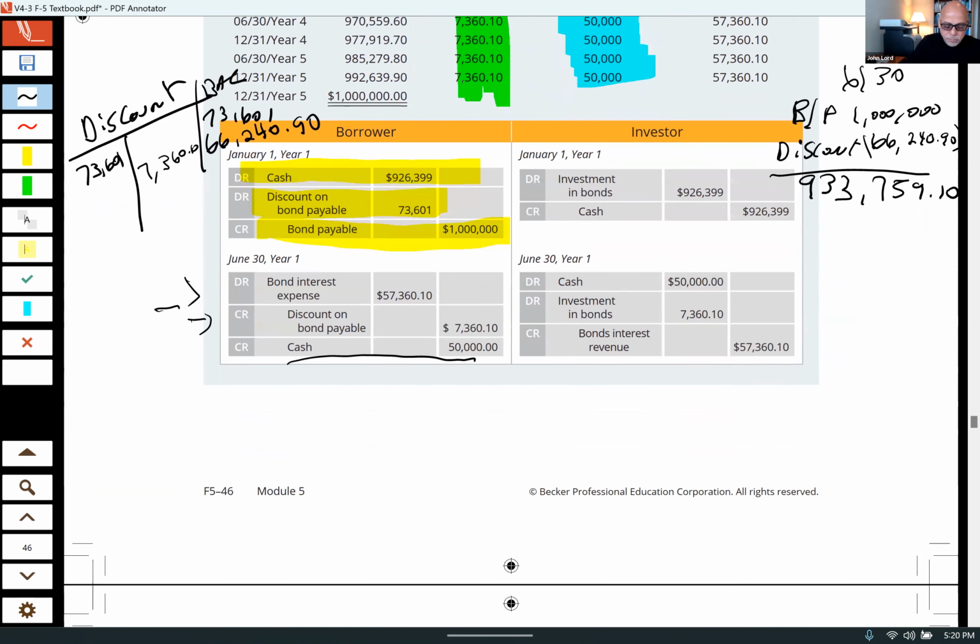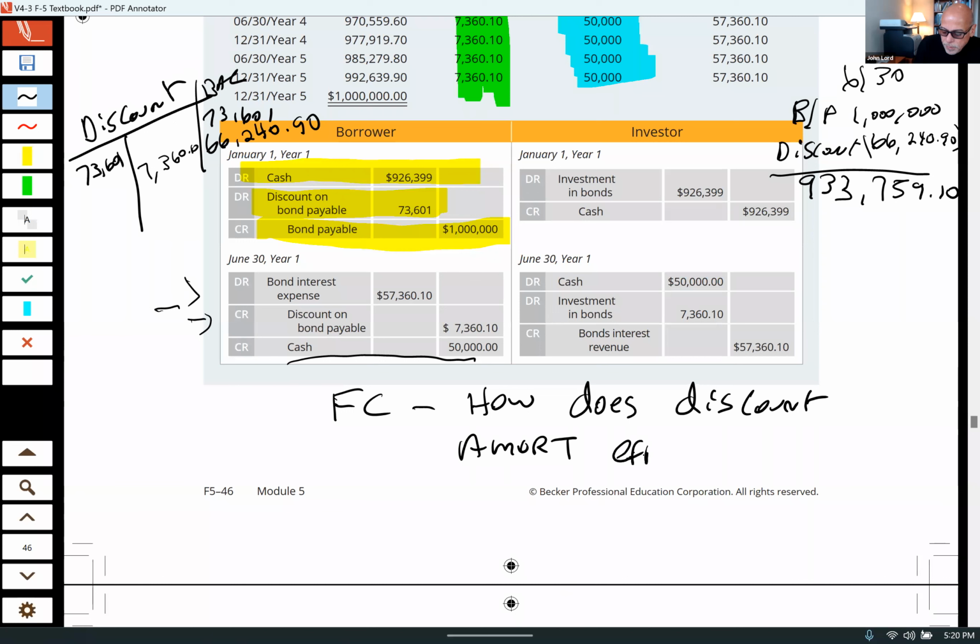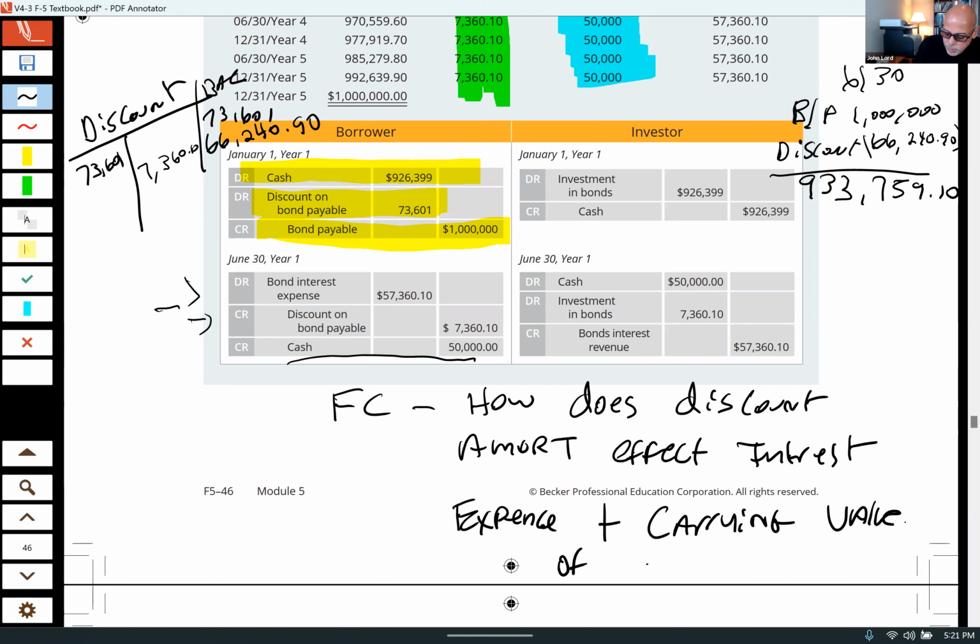And the flashcard that you're going to put right here will be, and I want you to just write in here: how does discount amortization, I'm going to abbreviate that, affect interest expense and carrying value of bonds? Answer is what?